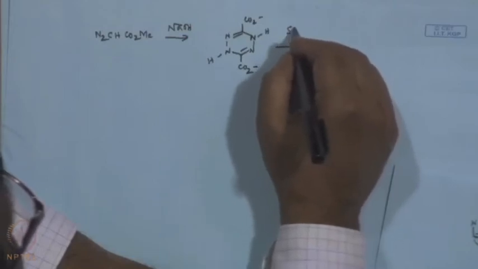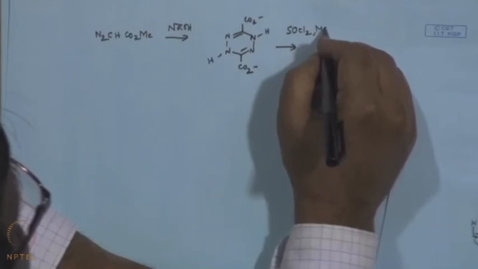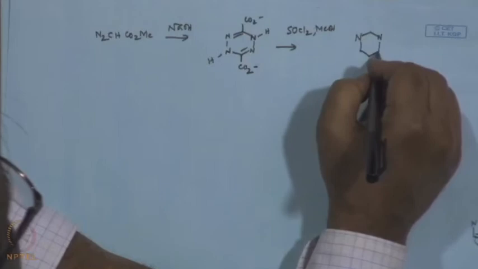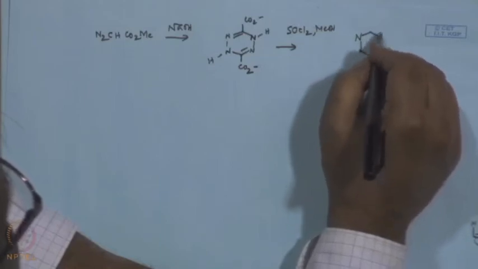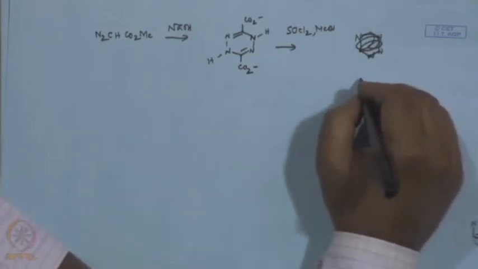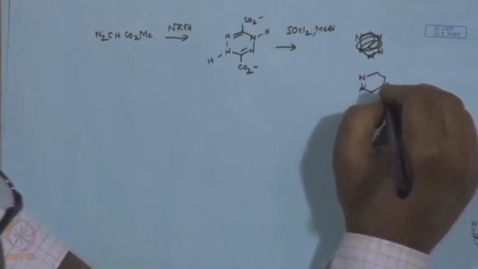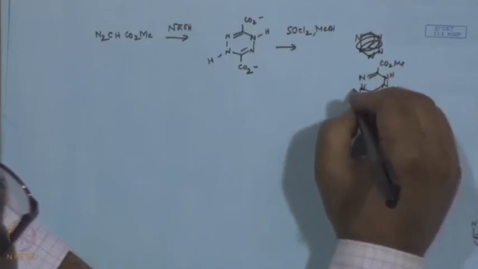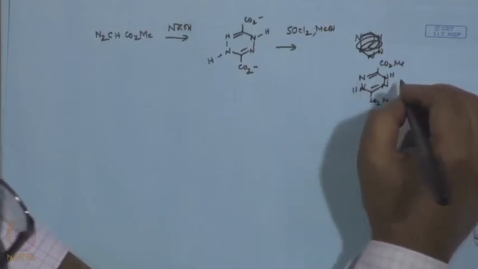The next is thionyl chloride and methanol, and so you will get the corresponding methyl ester. Methyl ester here, methyl ester, and this NH and NH, and then I think all of us know what to be done.